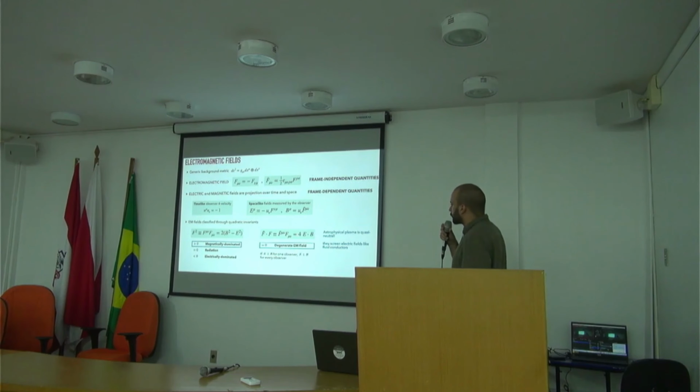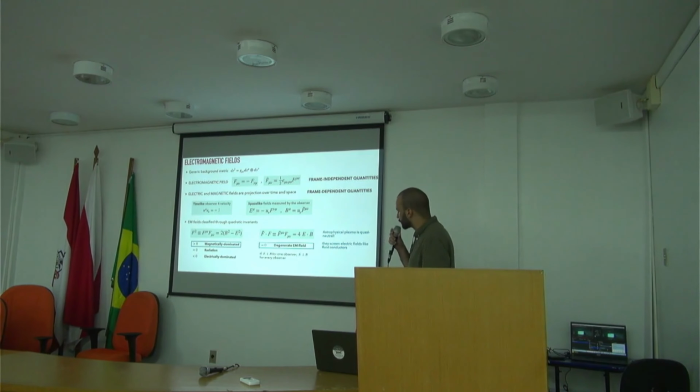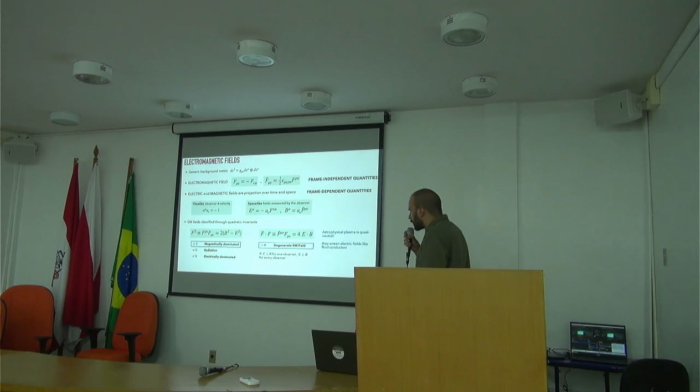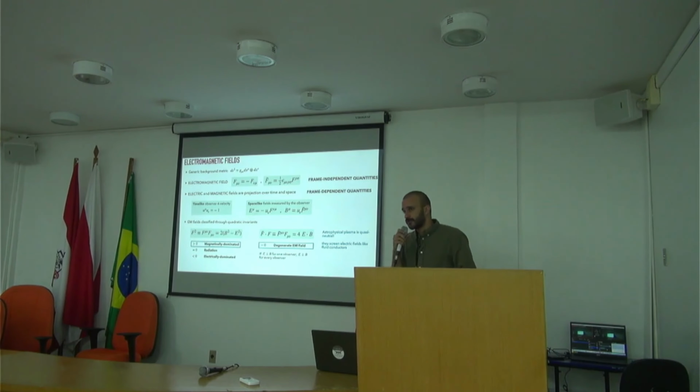Another invariant that we can construct is this one, the contraction of the Faraday tensor with its dual. Basically, this is the projection of the electric field over the magnetic field. In this case, we can say that a field is degenerate if this invariant is equal to 0.